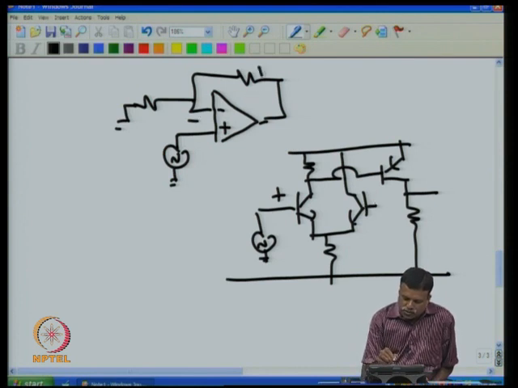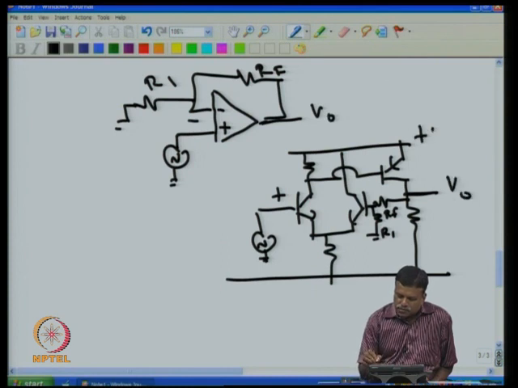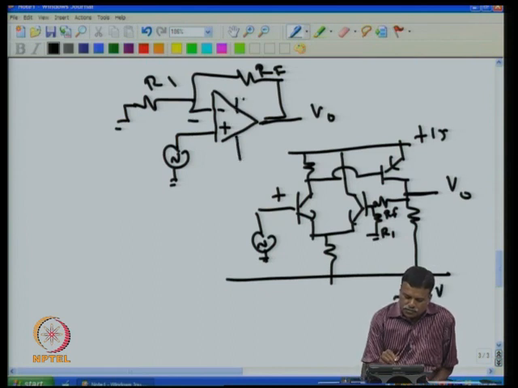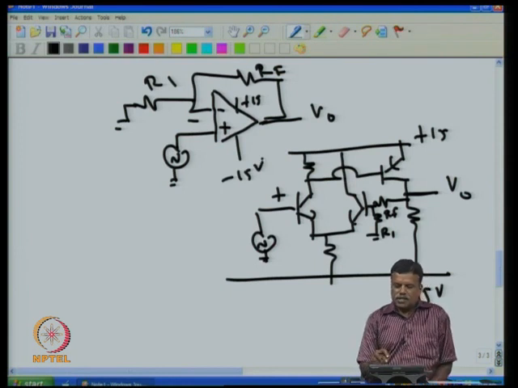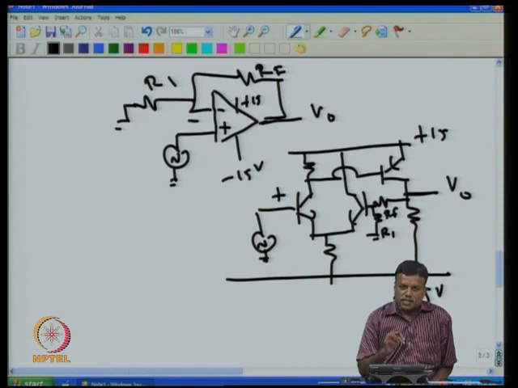To this we have connected two resistors, this RF and R1. They are nothing but these two resistors. This is RF, R1, and this is the output point V0, and this is plus 15 and that is minus 15 volt. So we give here this plus 15 and minus 15 volt. Actually this is now simplified and shown like this.